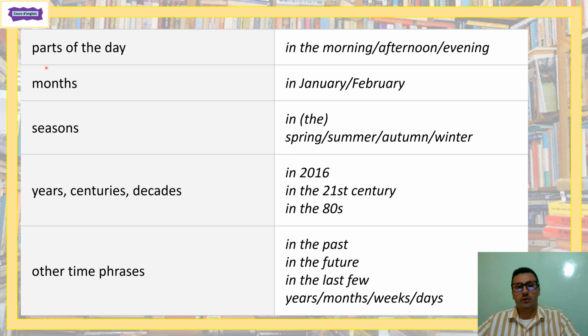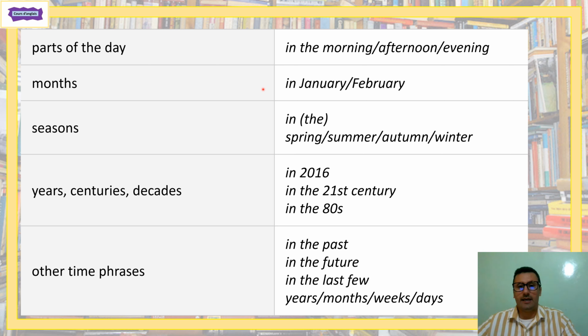So, in, we use it with parts of the day, months, seasons, years, centuries, decades, other time phrases. Parts of the day: in the morning, in the afternoon, in the evening.